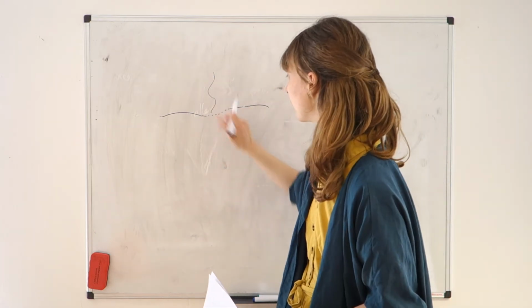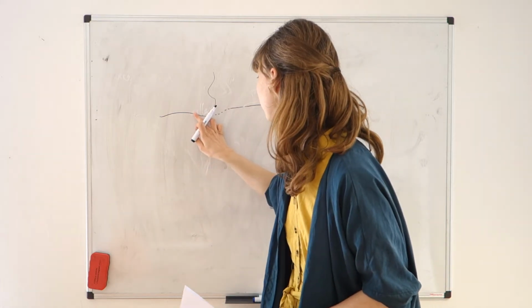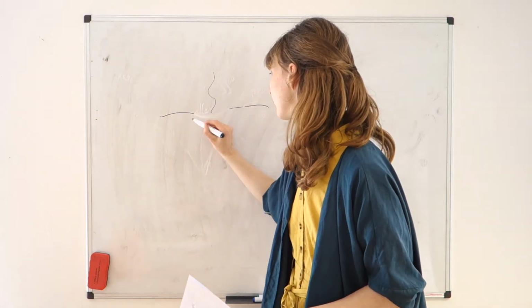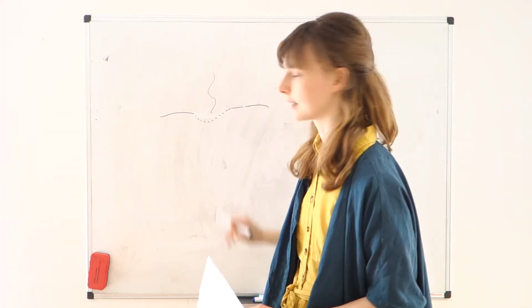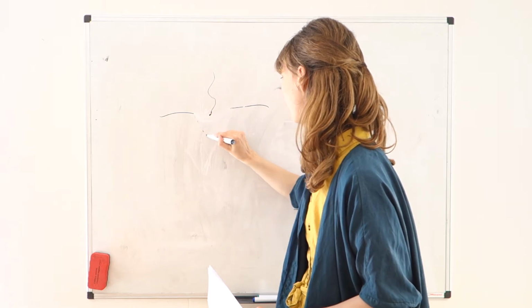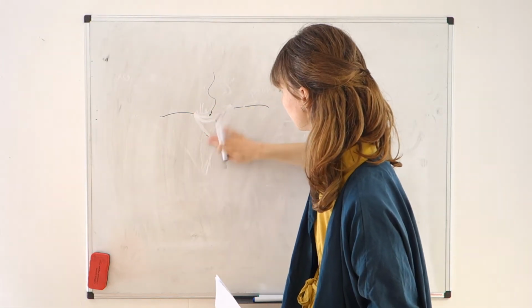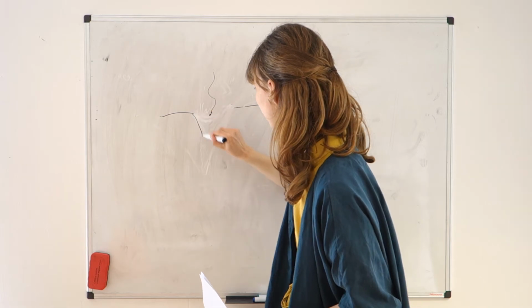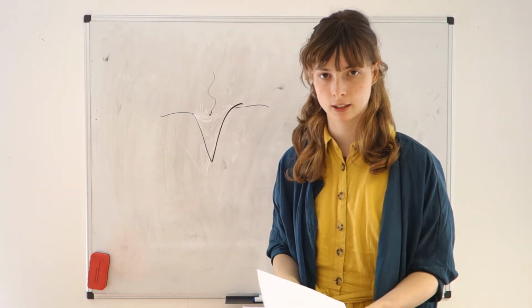So here's our river flowing and it's caused a very small dip. Over time, that dip will get bigger. And over another 1,000 years, that dip will get bigger. And over another 1,000 years, that valley, that dip, it gets bigger until it becomes a V-shaped valley.